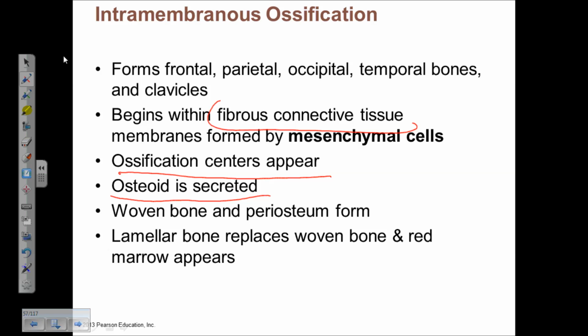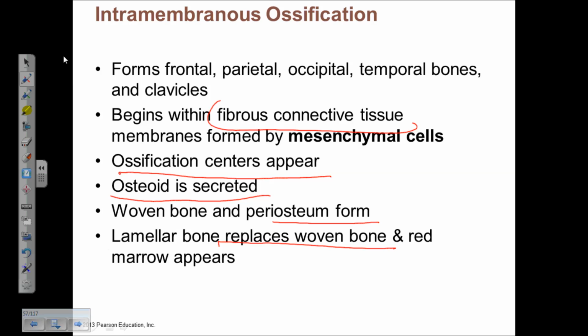Eventually, woven bone, together with the osteoid calcification, will be formed. Periosteum will be formed. And at the very last stage, lamellar bone, compact bone, will replace the woven bone, and red bone marrow will be formed from the blood vessels that were infiltrating the osteoid at the initial stages of the development.